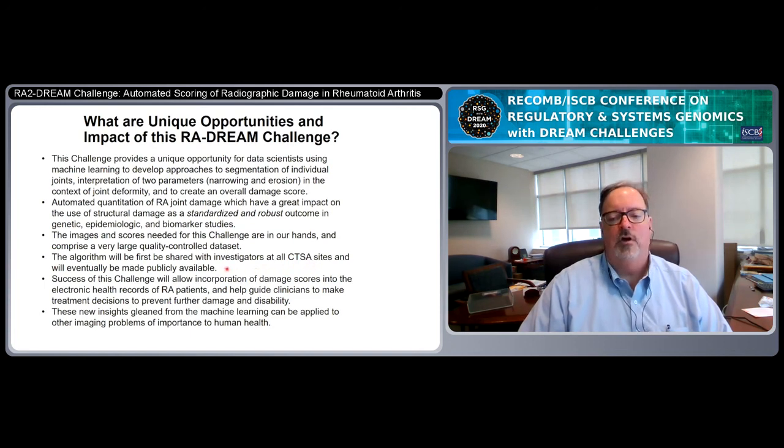And all data would be made publicly available. Also, if the challenge is successful, these scores could potentially be incorporated into the health records of patients to help guide clinicians to make treatment decisions to prevent further damage and disability. And these lessons could be applied to other imaging problems of importance in other diseases.